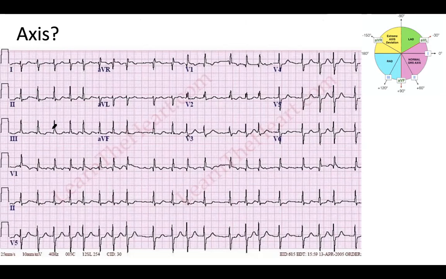Which is the most equiphasic lead? I would say AVR. Does everyone agree? Because in lead 1, the S wave is slightly bigger than the R wave, whereas in AVR they're almost the same size. So what is 90 degrees to AVR? Lead 3. Is lead 3 mostly positive? Yes. So it's going towards lead 3, which is 120 degrees.